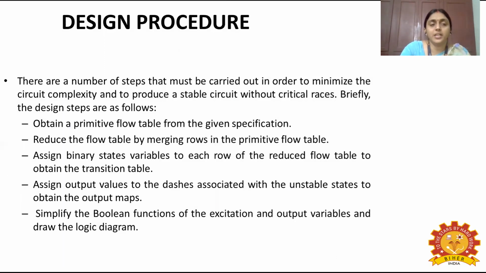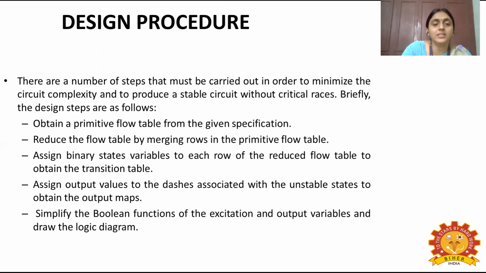Now we will see the design procedure, where there are a number of steps that must be carried out in order to minimize the circuit complexity and to produce a stable circuit without any critical races. So the design steps are as follows. The first step is to obtain a primitive flow table from the given specification. Reduce the flow table by merging the rows in the primitive flow table.